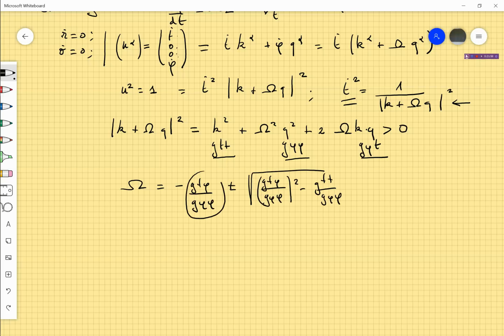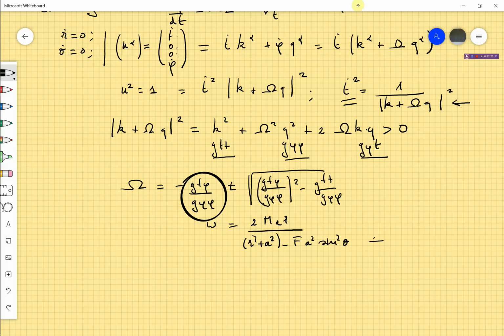Just following Poisson, we can call this omega, and this omega is nothing but 2 m a r divided by r squared plus a squared minus f a squared sine squared theta.